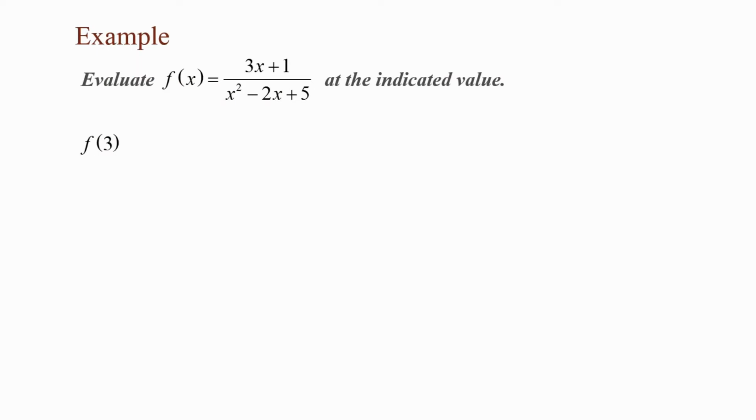In this example, evaluate f of x equals 3x plus 1 divided by x squared minus 2x plus 5 at the indicated value, f of 3. Substituting, we get 3 times 3 plus 1 divided by 3 squared minus 2 times 3 plus 5.